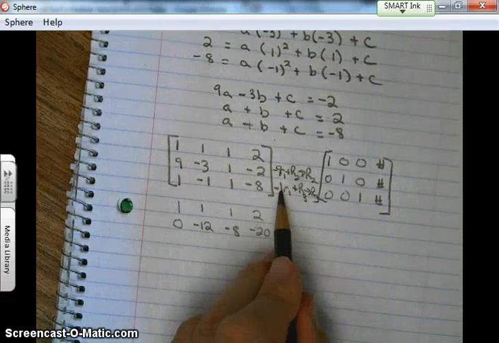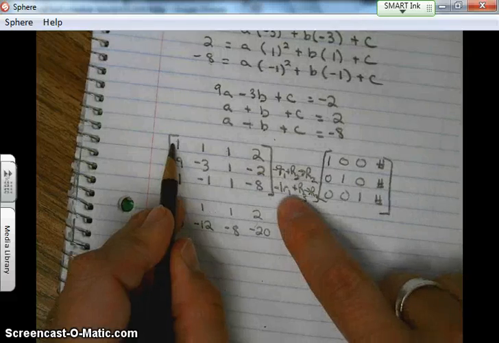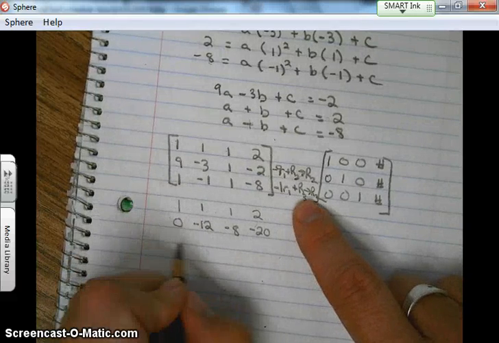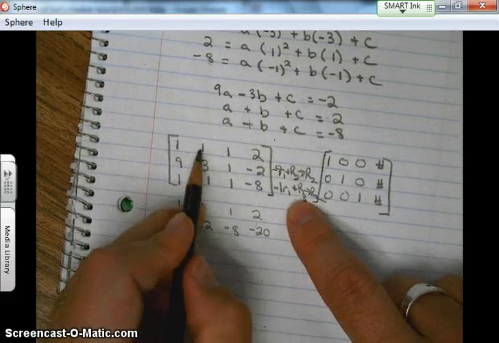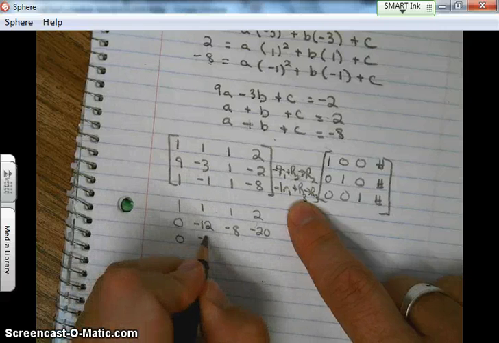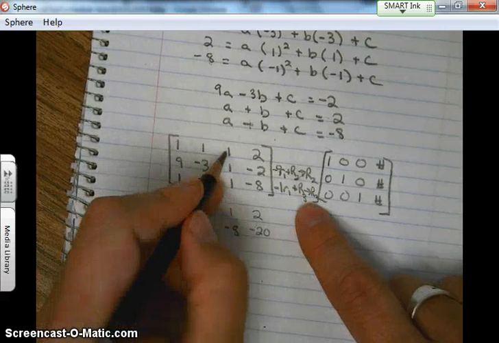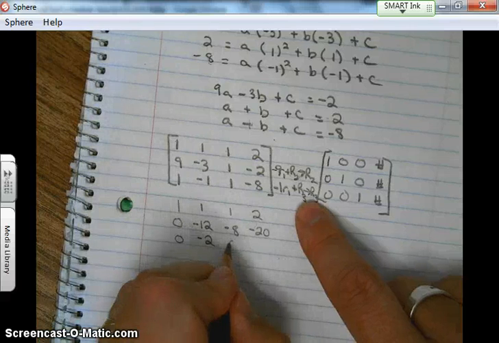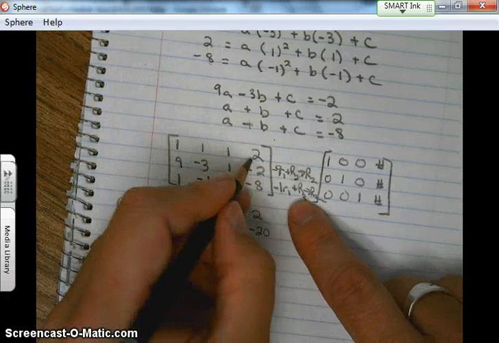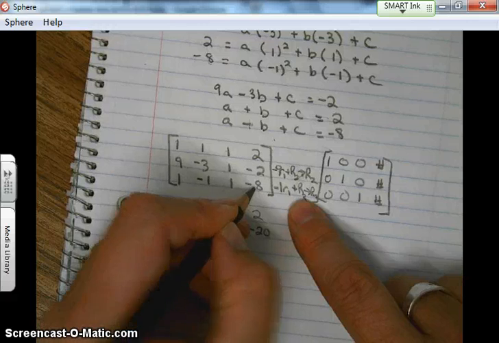Alright, so -1 times 1 is -1 plus 1 is 0. -1 plus -1 is -2. -1 plus 1 is 0. -2 plus -8 is -10.